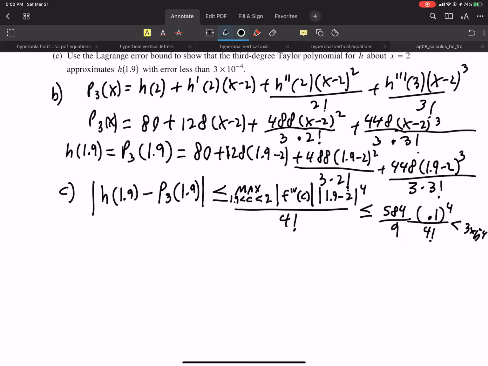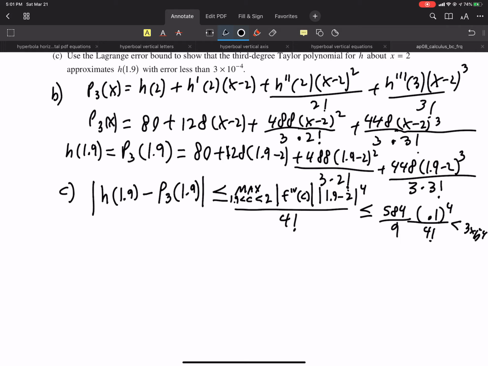This is a calculator question, so you can plug that in your calculator. I guess I could do that just to double check. 584 times 0.1 raised to the 4th, divided by 9 and divided by 4 factorial. Sorry for the delay.